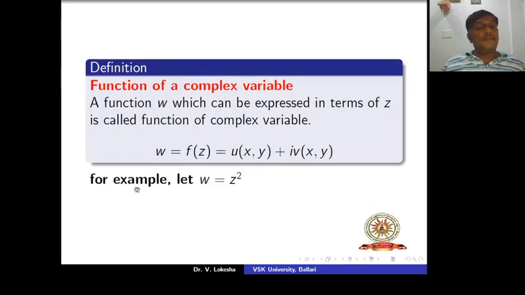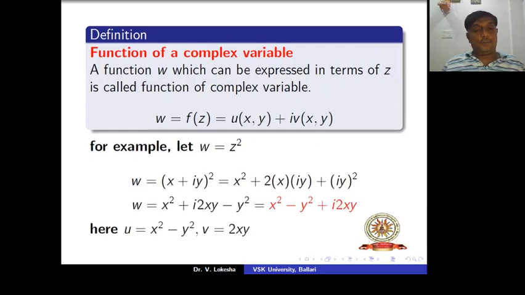For example, let w is equal to z square, then w is equal to x plus iy the whole square, that is a plus ib the whole square form. Then a plus ib the whole square means a square plus b square plus 2ab. Then this can be written as x square plus 2 into x into iy plus iy the whole square.